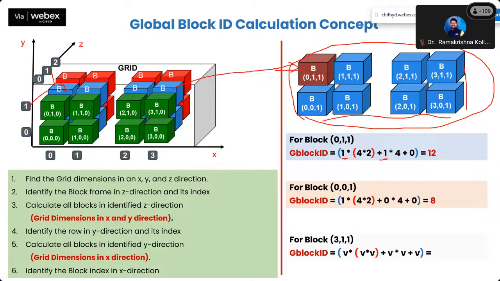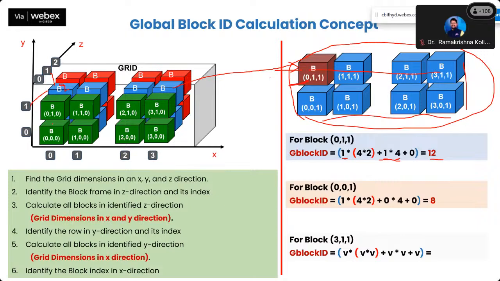And then at this position, how many blocks are there? There are 4 blocks, so it is multiplied by the grid dimension in the x direction, which is 4, plus the exact x index value of this block, that is 0. So when I compute this, you will get the value 12.